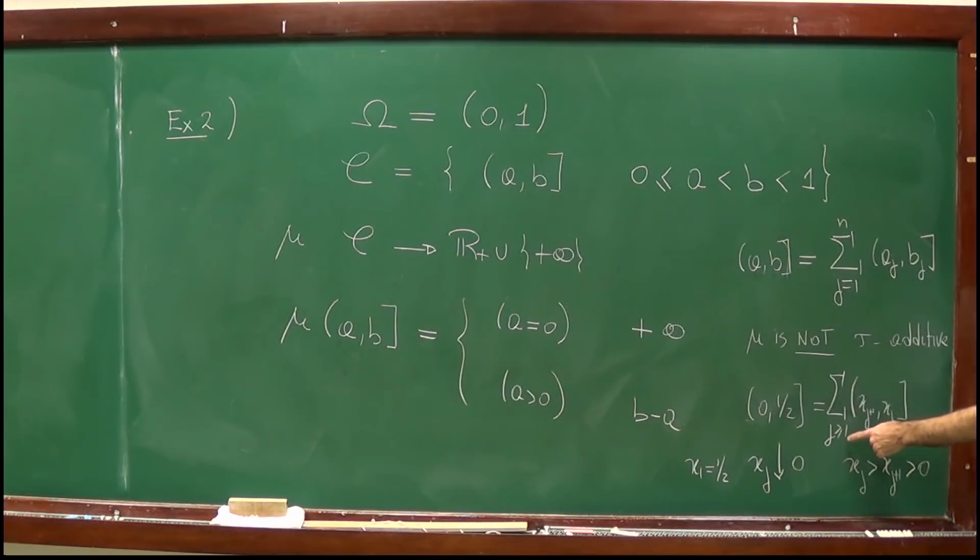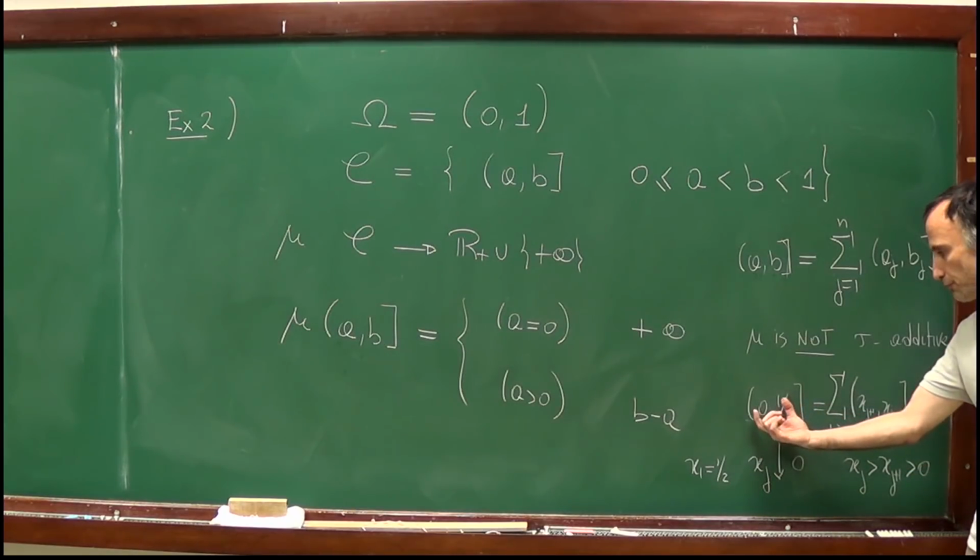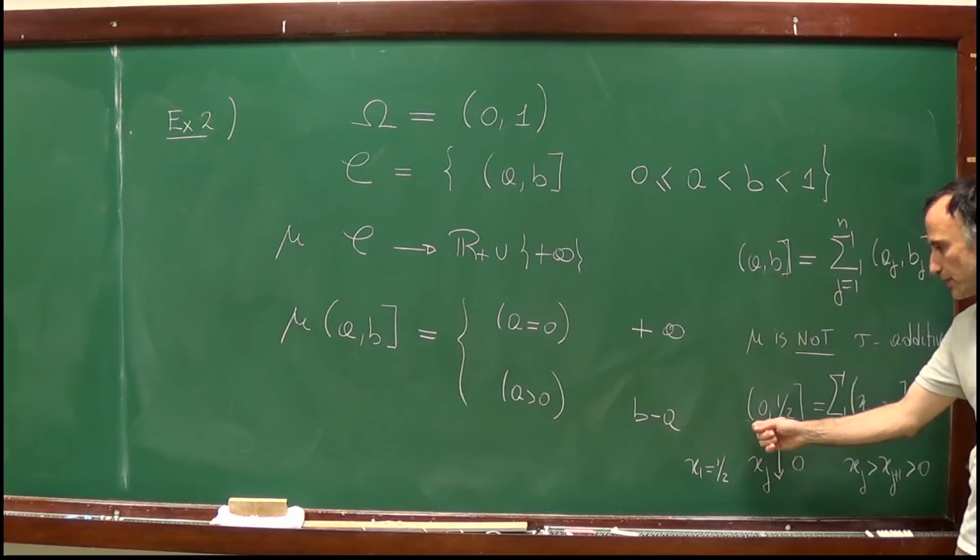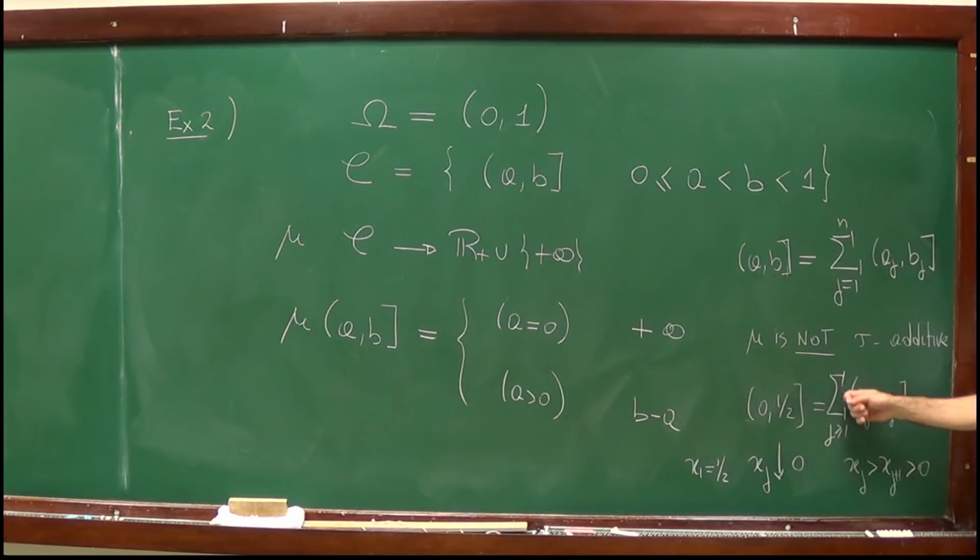If you sum that over all j, what you get is the total length of this interval, which is 1/2, which proves that if we apply mu, we don't get that mu of (0,1/2] is equal to the sum of mu of (x_{j+1},x_j], and therefore that mu is not sigma additive. So this is an example of a function mu which is additive, but which is not sigma additive, and we will use this example later on.